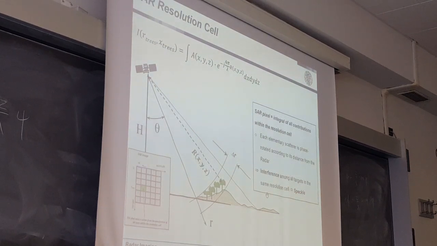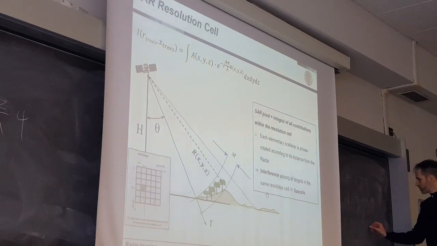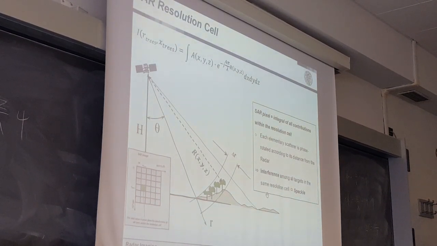I didn't understand why we have delta R. R is what? Delta R is your range resolution. Delta R is half the speed of light divided by the bandwidth. Is this clear?